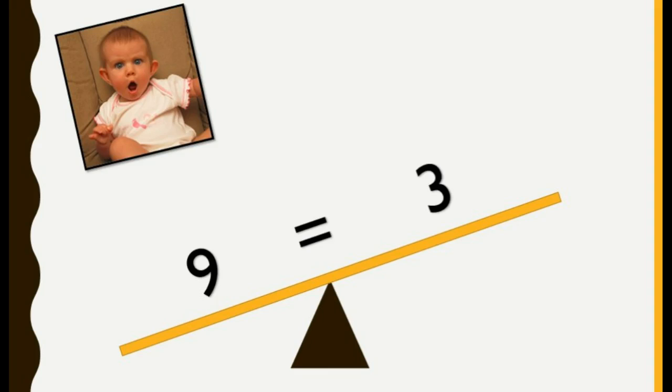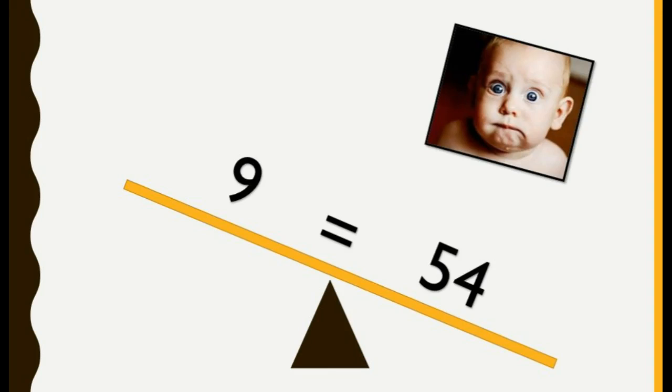So if you state that 9 equals 3, it is not true, is it? And it throws the world into chaos. So the right way to say that would be 9 is greater than 3. You would never want to say that 9 equals 3 because that doesn't work.